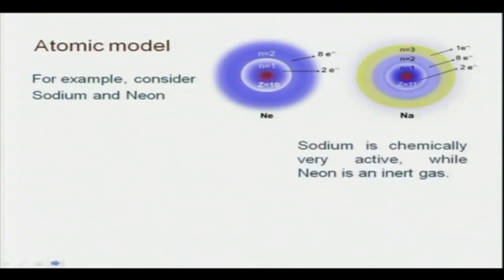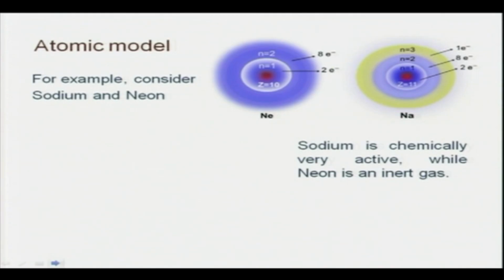What does this tell us in terms of chemical properties? Sodium is very active chemically, while neon is an inert gas. Neon has completed its n equal to 2 shell and it is inert, not eager to participate in interaction with other atoms.